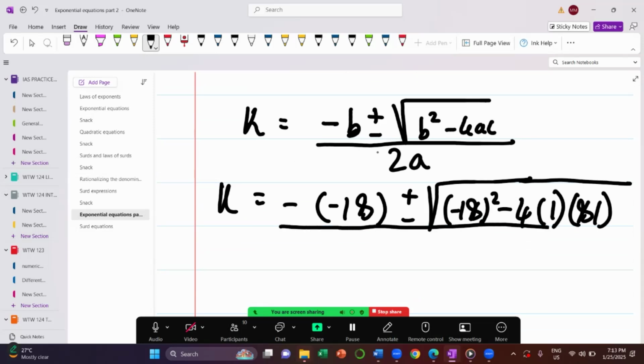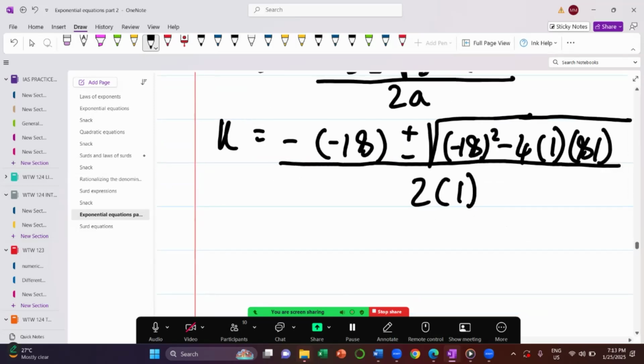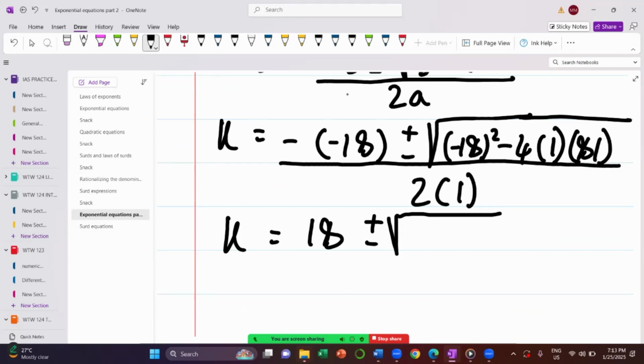All over 2 into 1. So I'm going to have k equal to negative into negative 18, which is positive 18, plus or minus the square root of, put what is under the square root into the calculator and give me what is the value. Negative 18, put it inside brackets and then square it, minus 4 into 1 into 81.